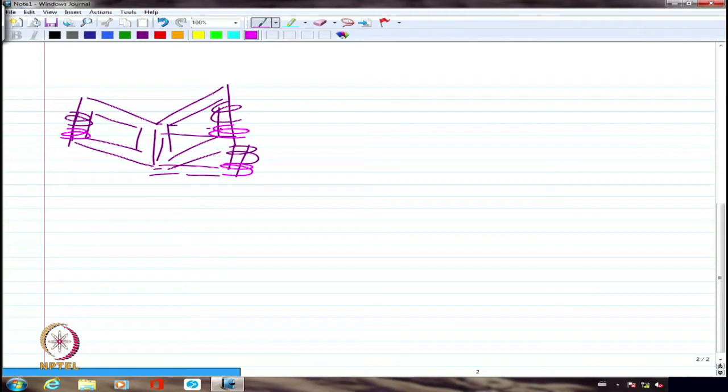Okay? Now if I look at what is happening in this branch, it will be actually the summation of all the three fluxes, phi A plus phi B plus phi C. Okay?